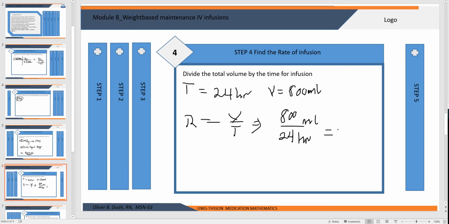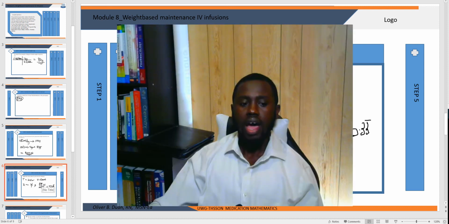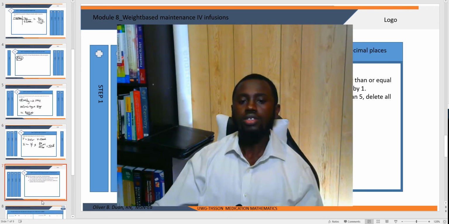Okay, so this is going to be 33.3333. It's recurring, so we have 0.333 to infinity, and we're just going to cut it off there. Now we move on to the 5th step.